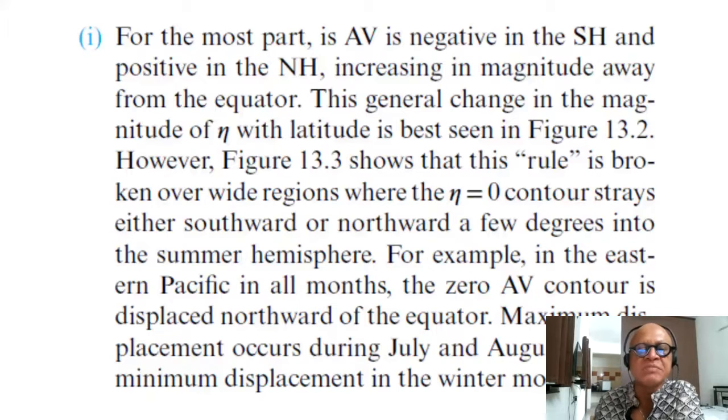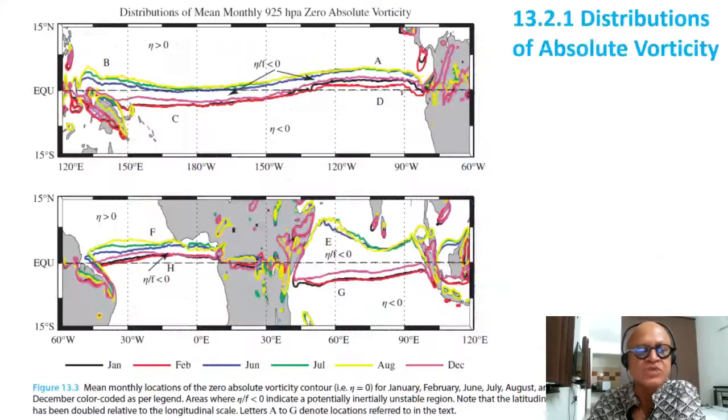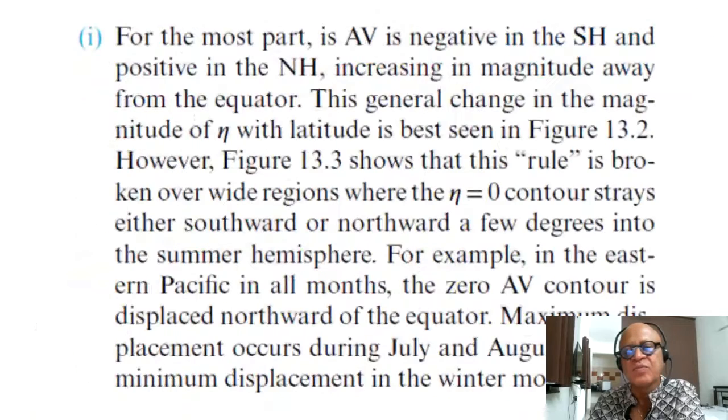This general change in magnitude of eta with latitude is best seen in 13.2, which is way behind, so I won't go back. However, 13.3 shows that this rule is broken over wide regions where the eta equal to 0 contour strays either southward or northward a few degrees into the summer hemisphere.